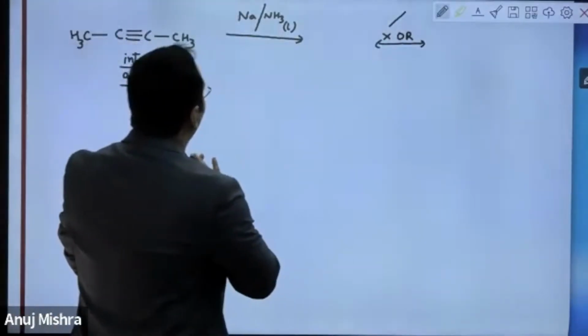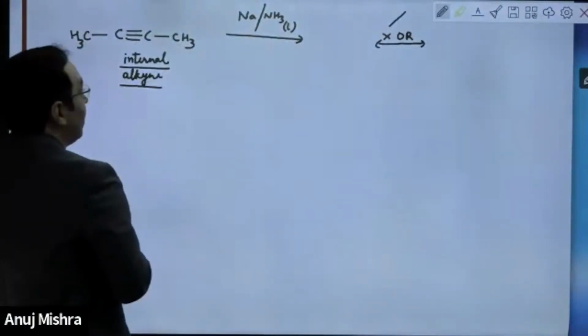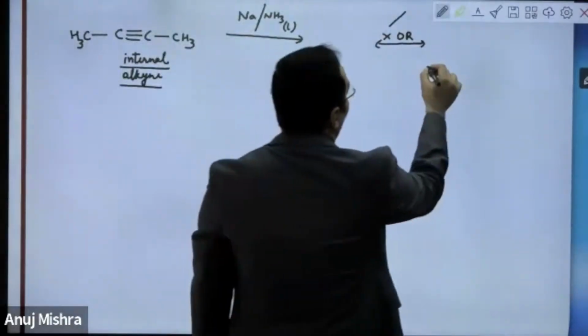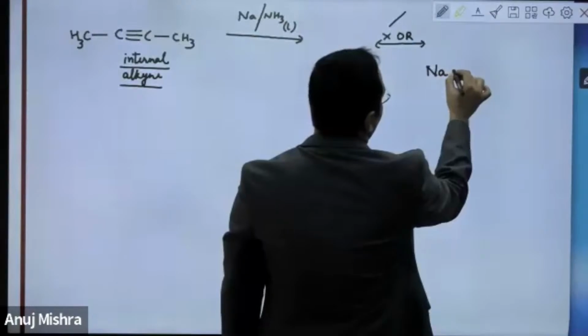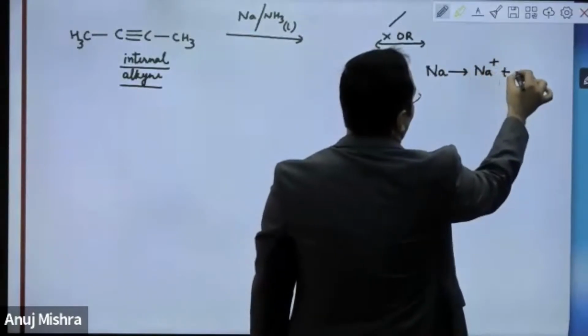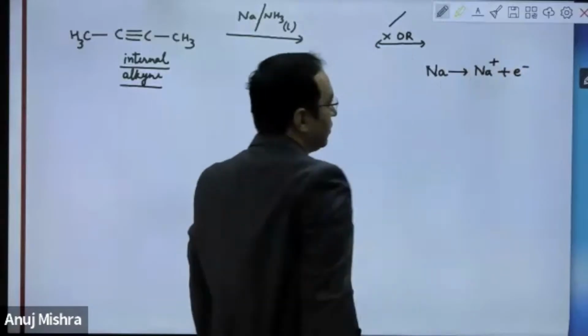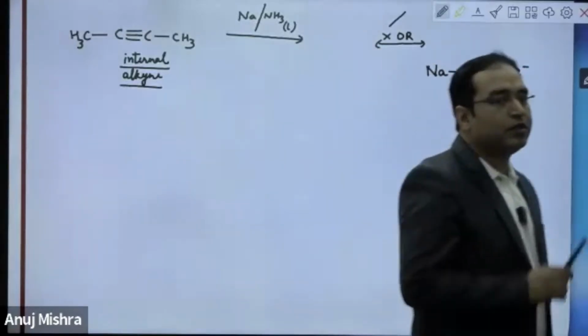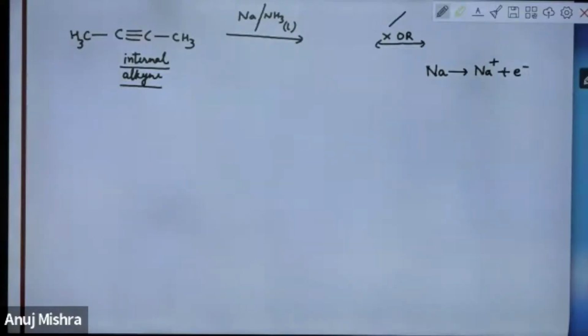Now one common rule that you can always apply whenever you are given any metal, let's say sodium: a metal is a very good source of electrons. I hope we know this from atomic structure. What is the amount of energy required to strike off the outermost electron from an isolated gaseous atom?